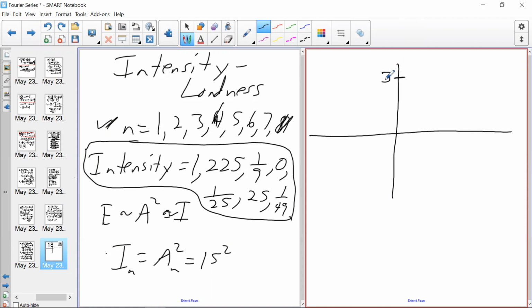So this will be 3, 1, and that, and then -1.